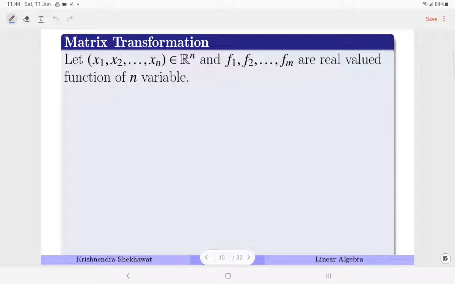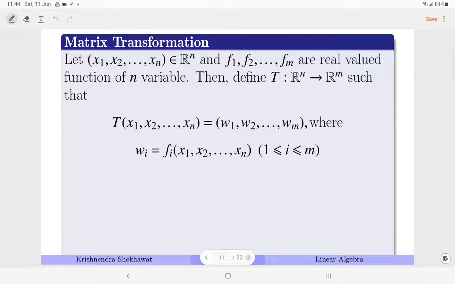So in that case, x1, x2, ..., xn belong to R^n, and f1, f2, ..., fm are real valued functions on n variables. Now define a map from R^n to R^m such that T(x1, x2, ..., xn) = (w1, w2, ..., wm), where of course each wi is a function of x1, x2, ..., xn.